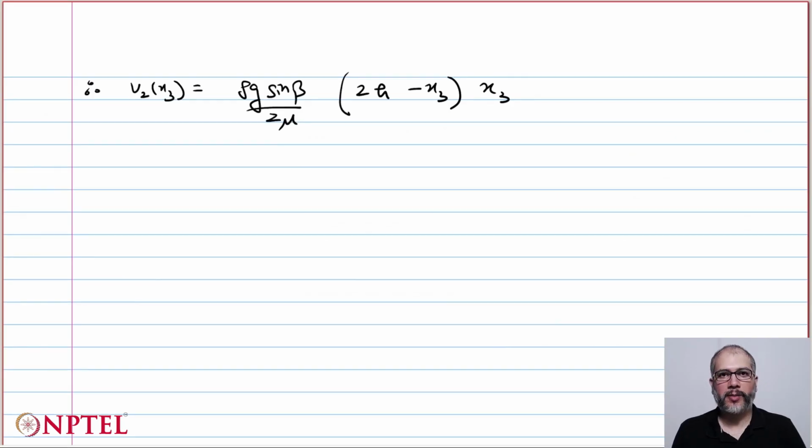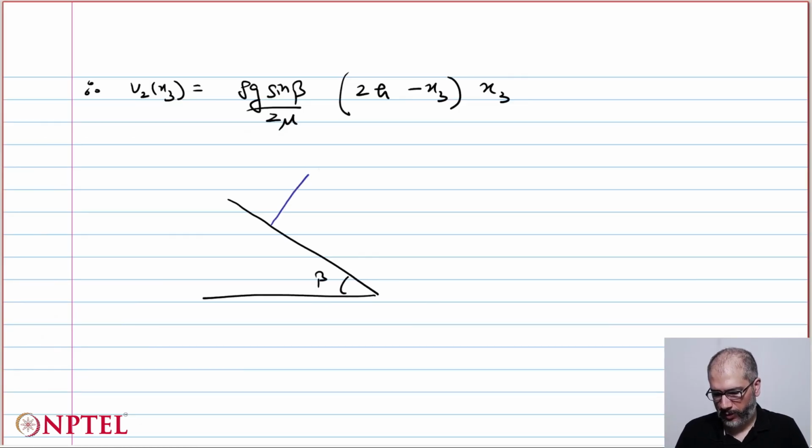So it's a parabolic velocity profile. So if I was to plot this on the surface, what I would see is that on the surface, the velocity v2 component is 0, and as I go up, it parabolically increases. That is, it quadratically increases.